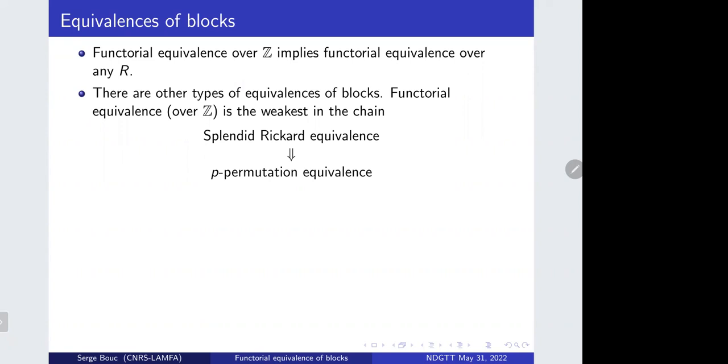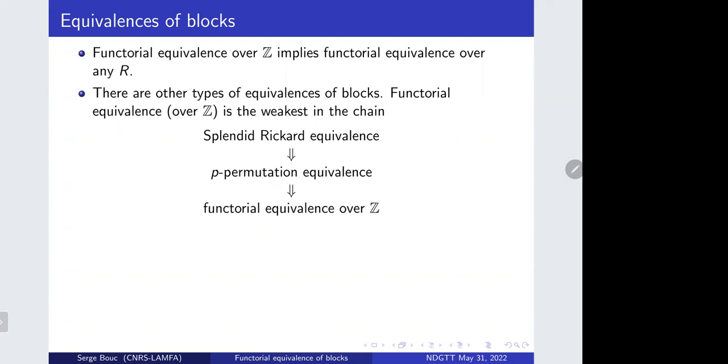And finally, the third in this chain is this functorial equivalence over the integers. I could have added functorial equivalence over F, because it's over any ring. Functorial equivalence is weaker than functorial equivalence over the integers.